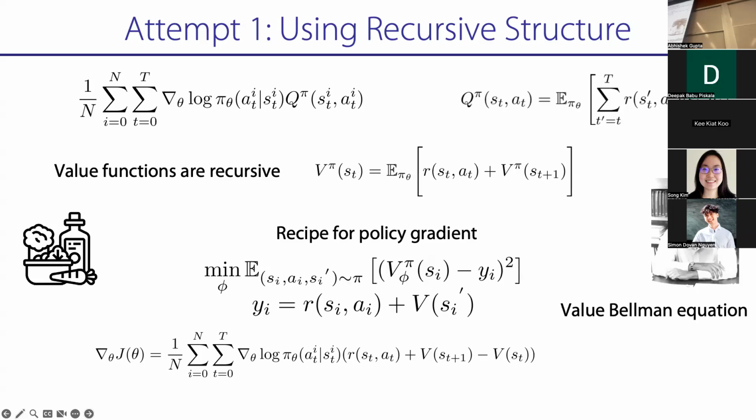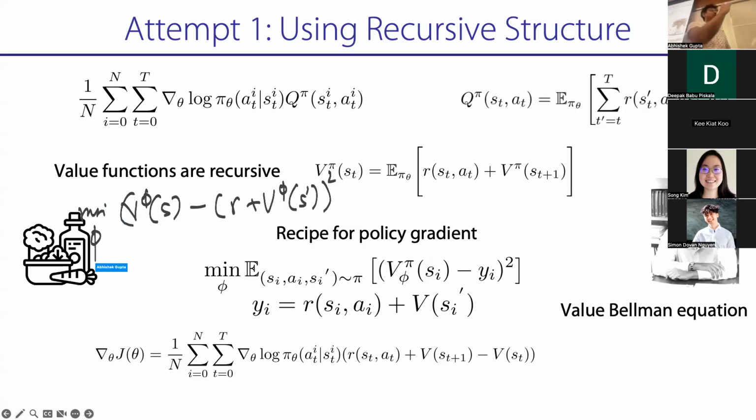So in this case, both the left and the right-hand side actually have the same V. It's just that there's a bit of nuance to this, because what you could do is think of this as saying you're going to have V phi of S minus R plus V phi of S prime, the whole square, and then minimize this with respect to phi on both sides, right? So on this side and this side, we have V phi on both sides.